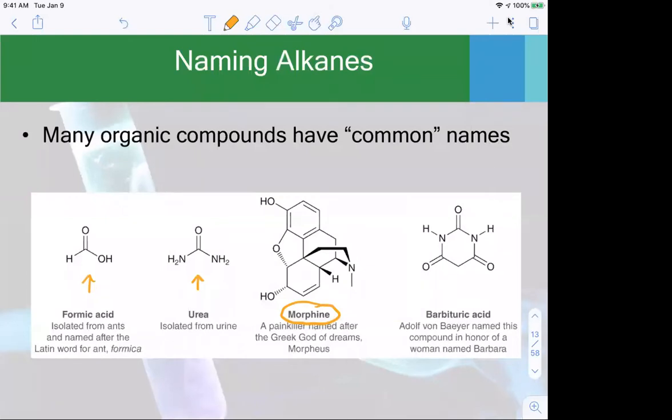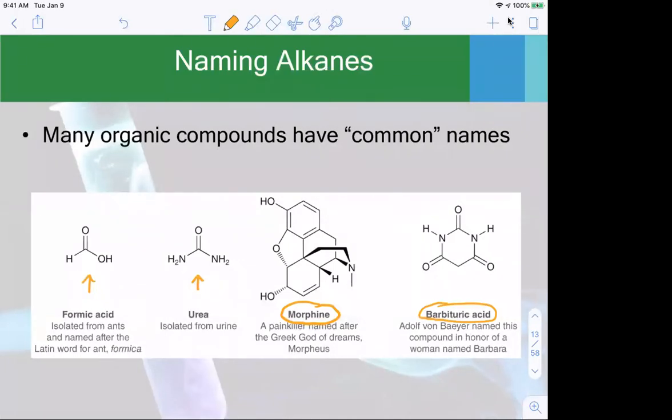Now, obviously, if you tried to name this very complicated structure using IUPAC, you'd get probably a page worth of name because it's so complicated. This is actually called barbituric acid, and it is named because the guy who discovered it named it in honor of some woman that he knew named Barbara.